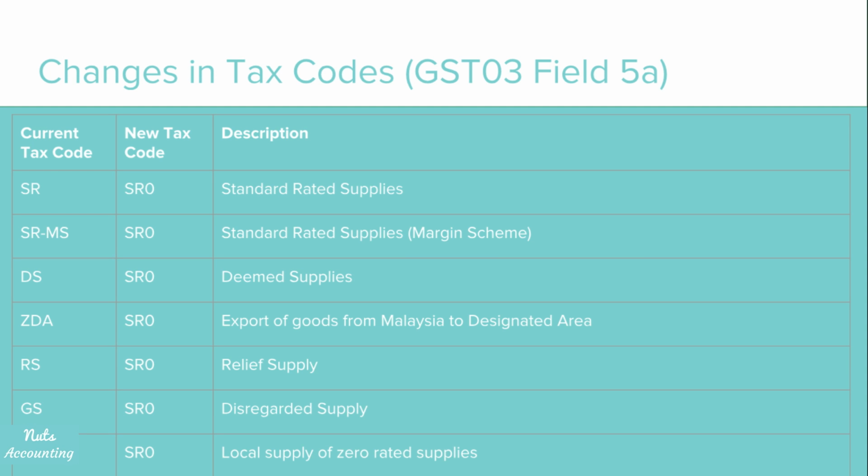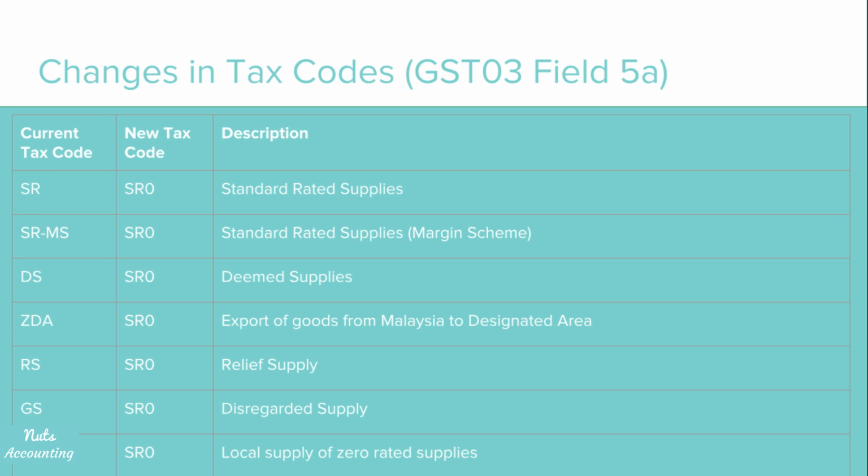Okay, the GST 03 form. There are certain changes in the GST 03 form based on Tun Dr. Mahathir's announcement. When you prepare to file and submit your GST 03 form, you usually fill in the fields 5A, 5B, 6A and 6B: 5A and 5B for your standard rated supply to your customers, and 6A and 6B for standard rated purchases from your suppliers.